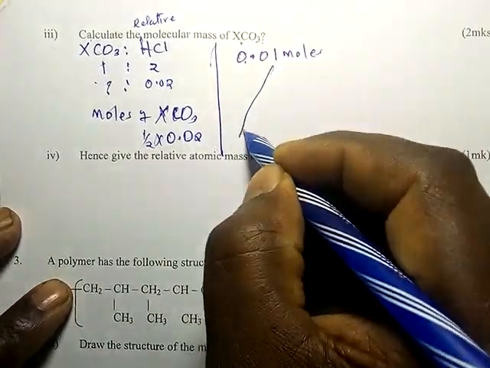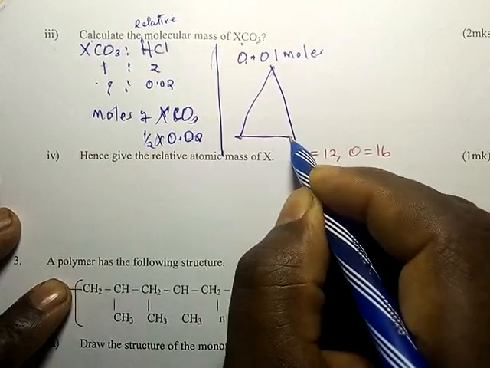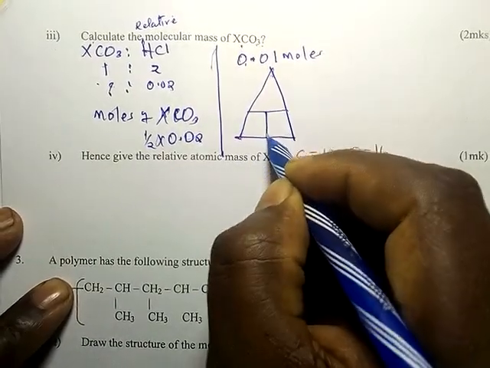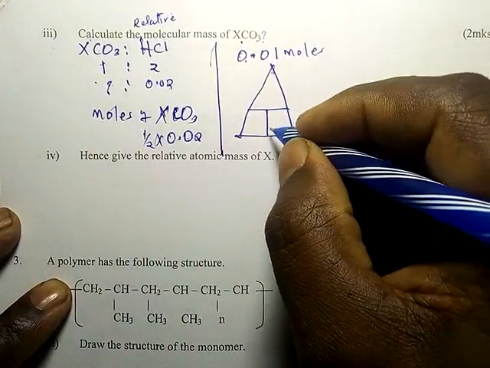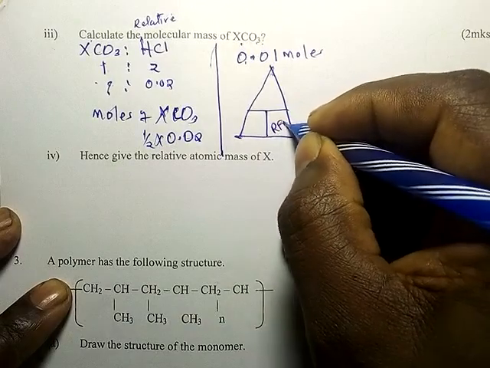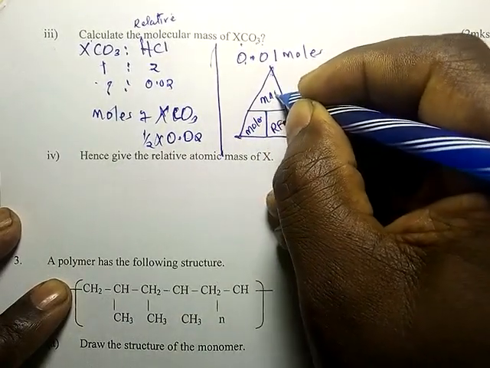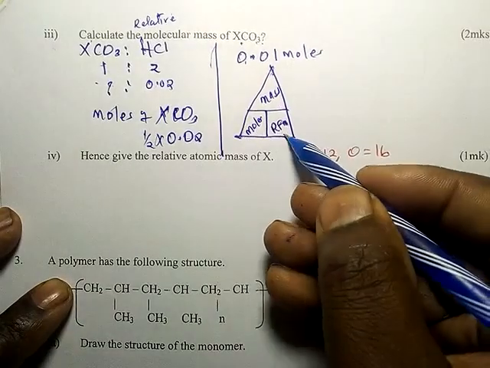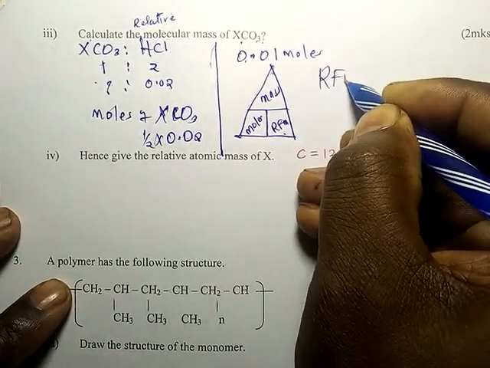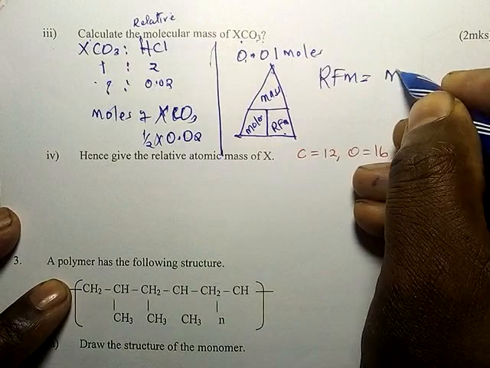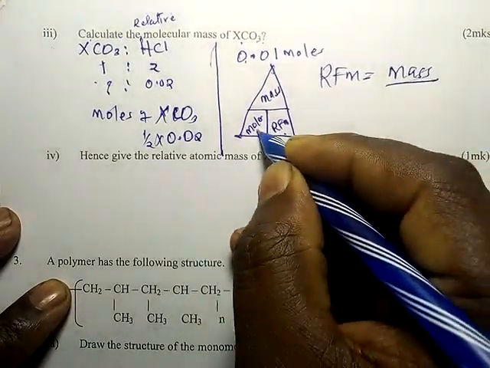Remember the first triangle in the topic moles, the concept of mole. We have the RFM, moles, and mass. How do you calculate RFM? RFM is equal to mass divided by moles.